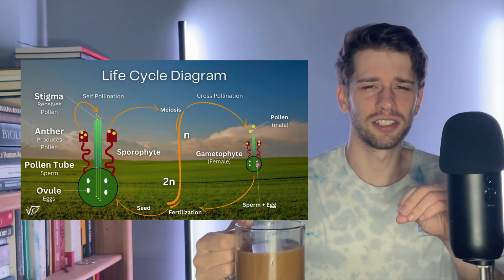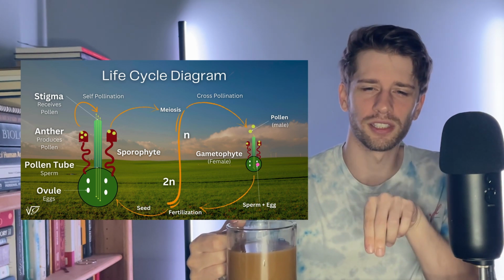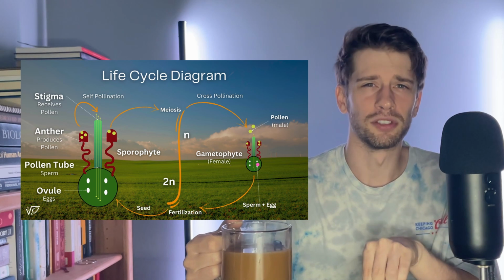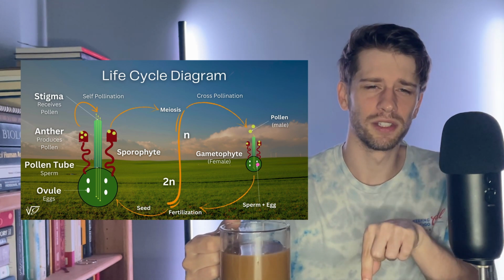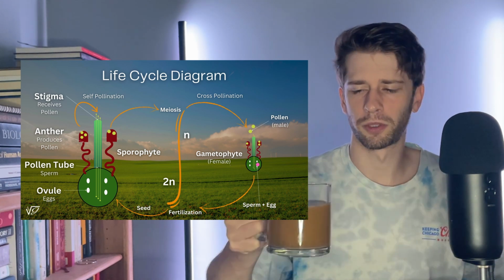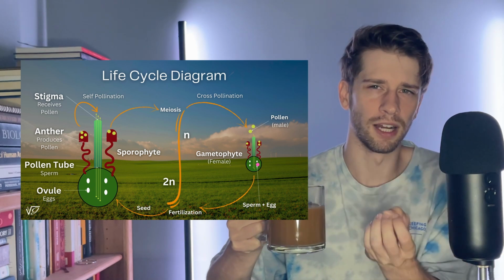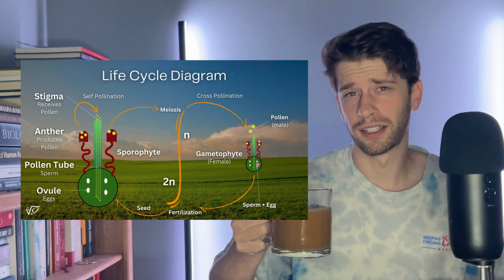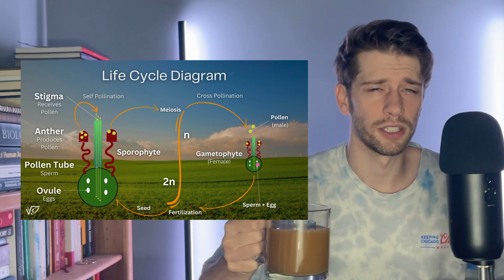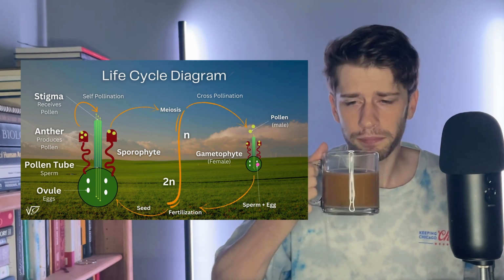it attaches to the stigma, and then it grows this tube, the pollen tube, into the style of the angiosperm, and sperm can move down this tube and meet with an egg, and then double fertilization, in this case, can take place.